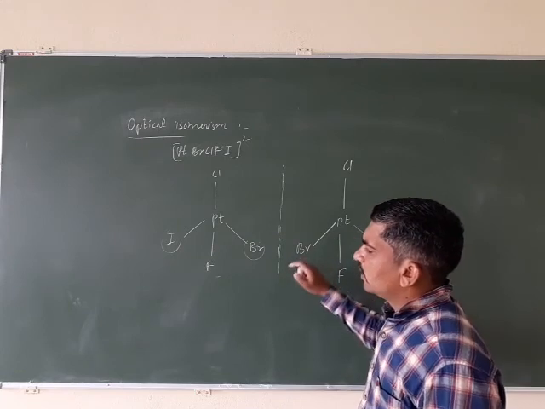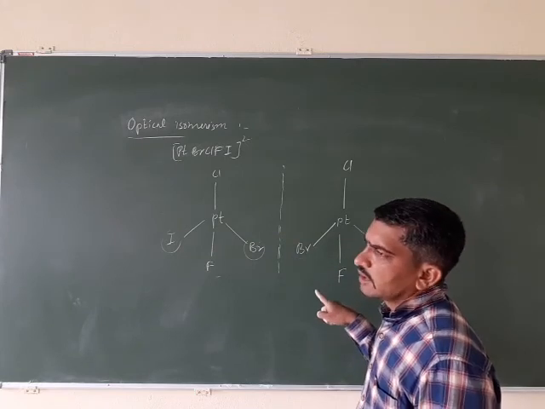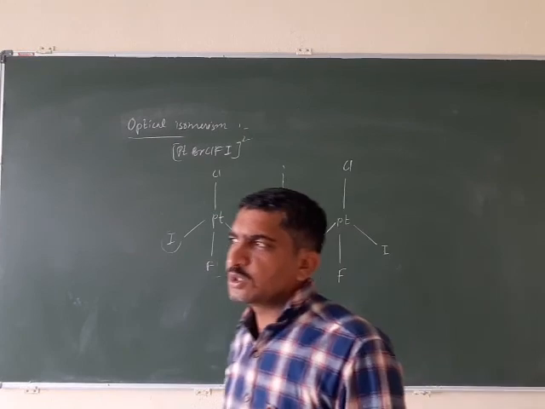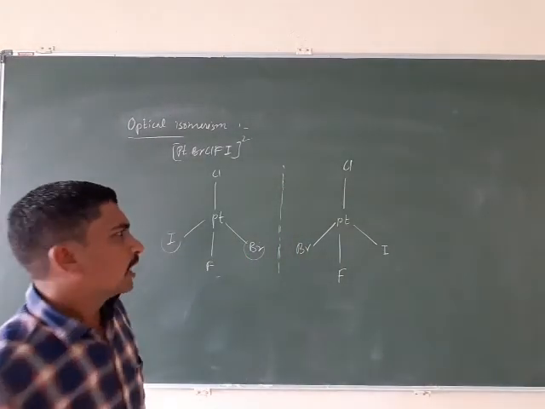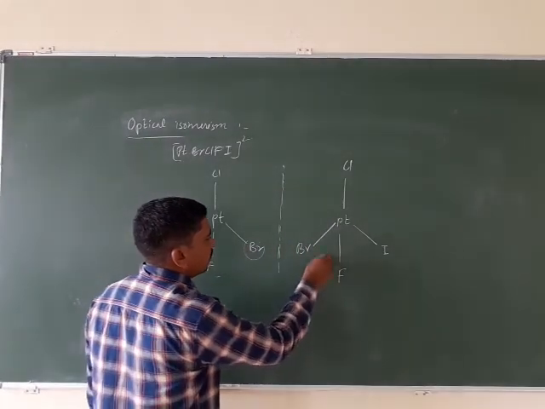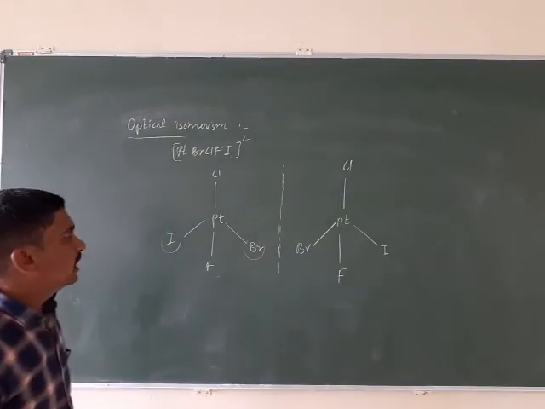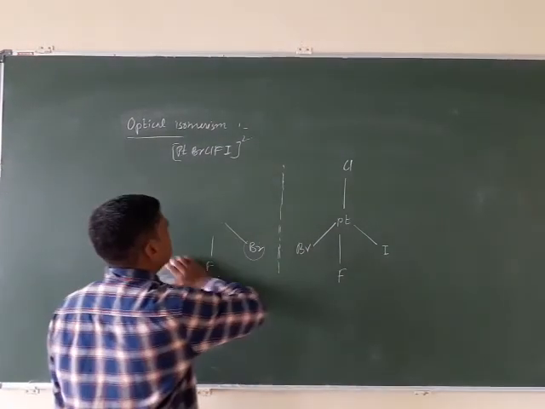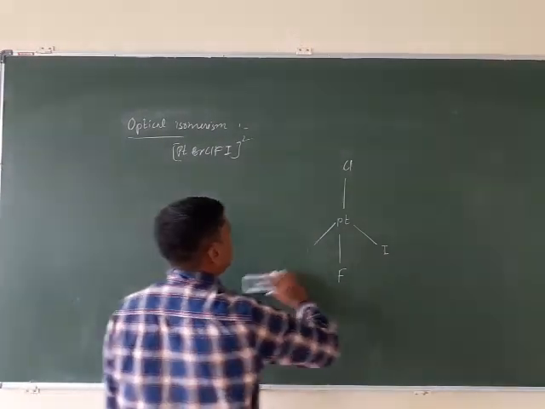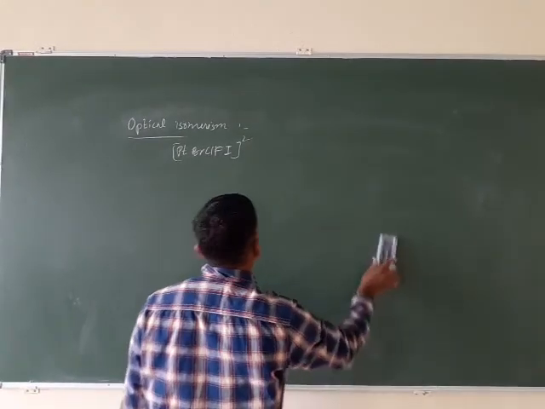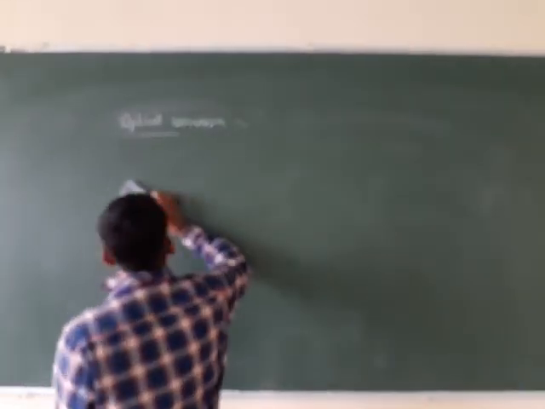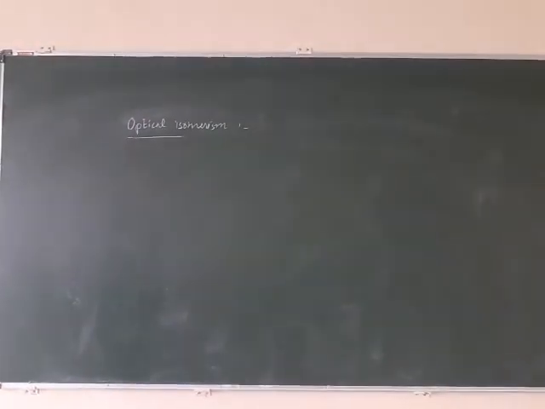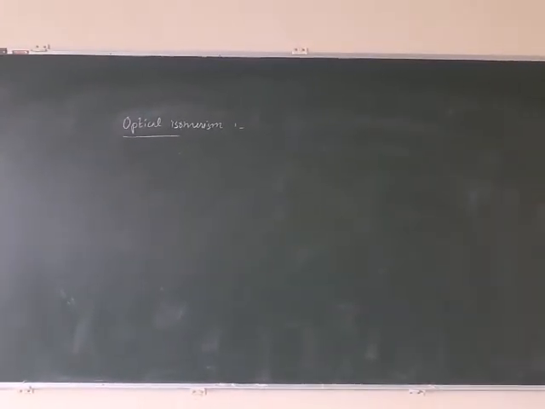Like this you can draw the structures for optical isomers. Keep in mind that you have to draw the mirror image of the structure. This is regarding optical isomerism in tetrahedral complexes. Octahedral complexes we will discuss in the next lecture. Thank you.